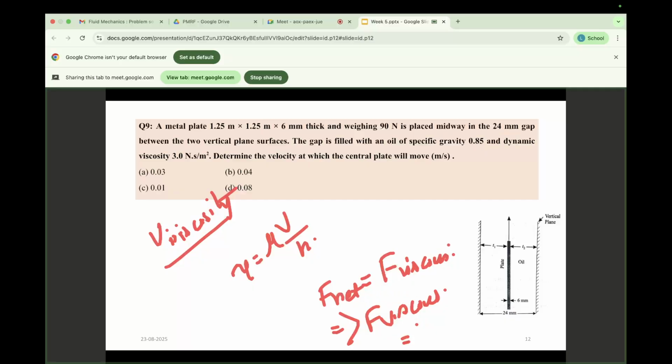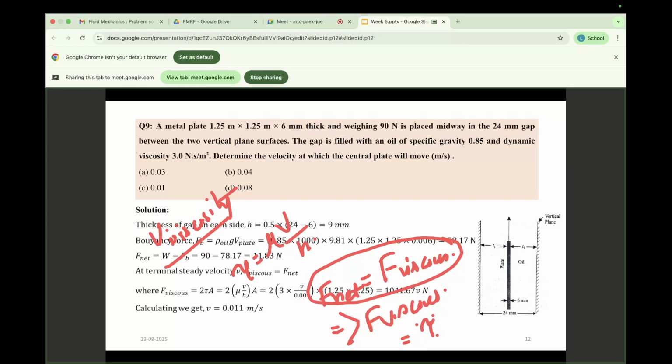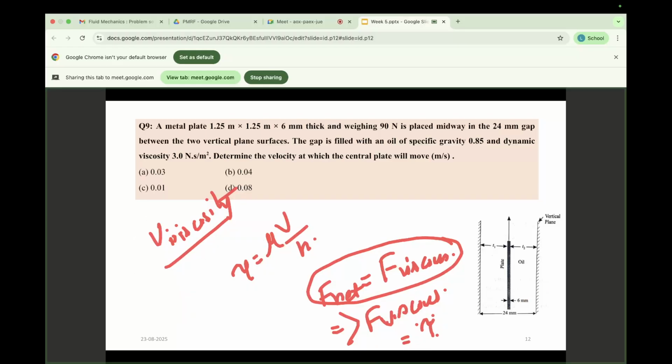You can use F viscous, that means tau into A. Why should it be tau into A? Tau is the shear stress, into area, you will get this as the force, and also since the plate has two ends, so there should be two terms, right? So accordingly you can find out this value.